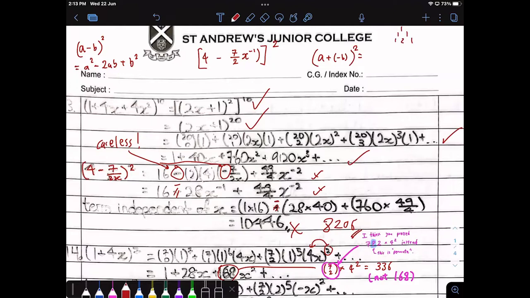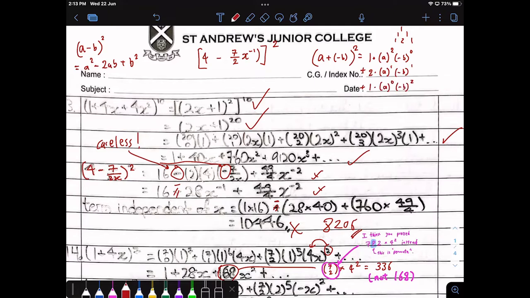Then you can choose 2 choose 0, 2 choose 1, 2 choose 2, but that's a bit too much. You already know the coefficient 1, 2, 1. Then you can just put 1 times a power 2 times negative b power 0, plus 2 times a power 1 times negative b power 1, plus 1 times a power 0 times negative b power 2.